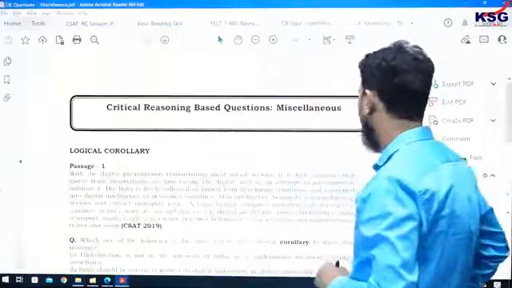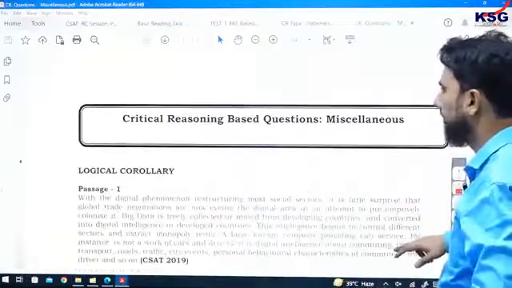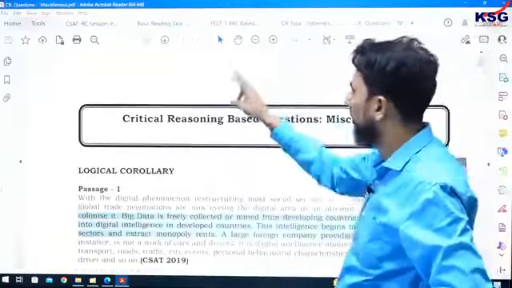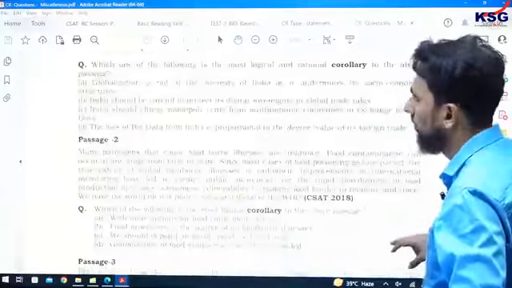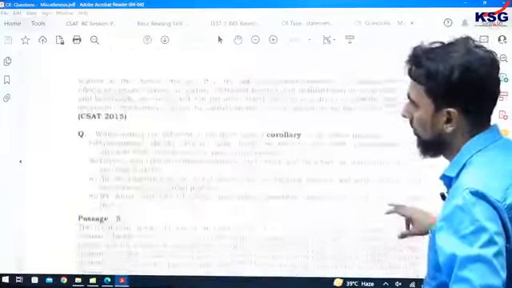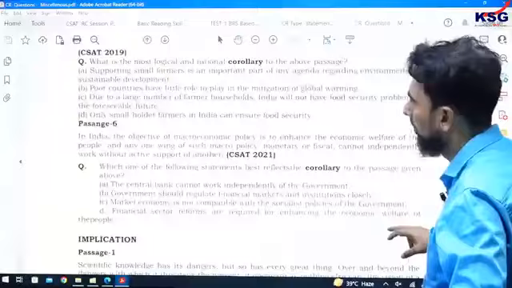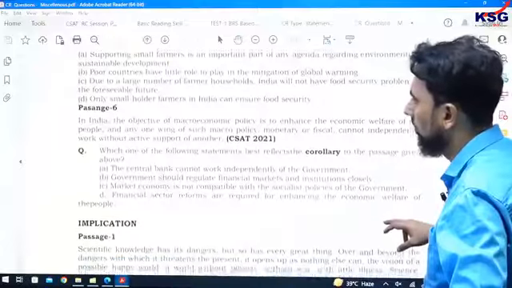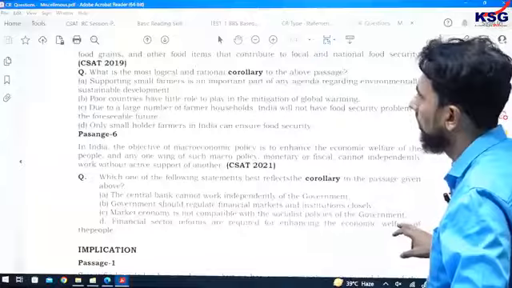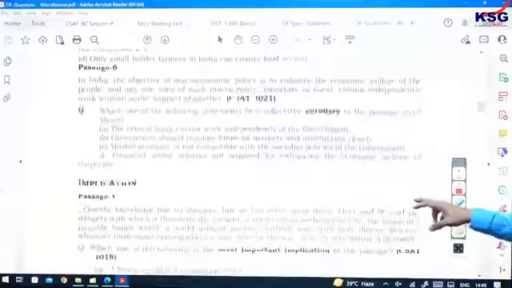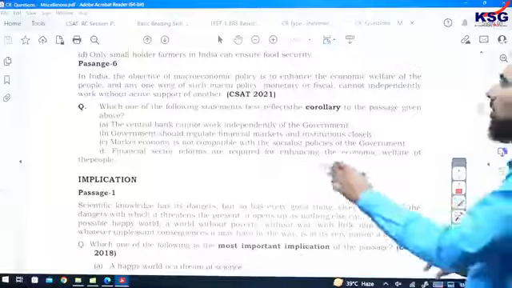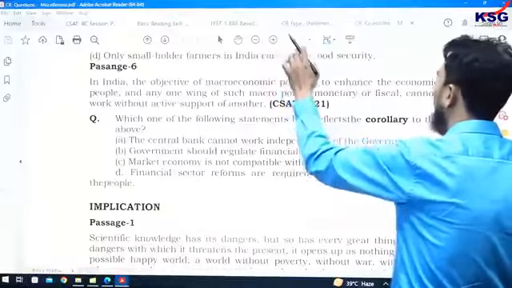So here is the practice question for you. Look at passage number 6, asked in the 2021 paper.